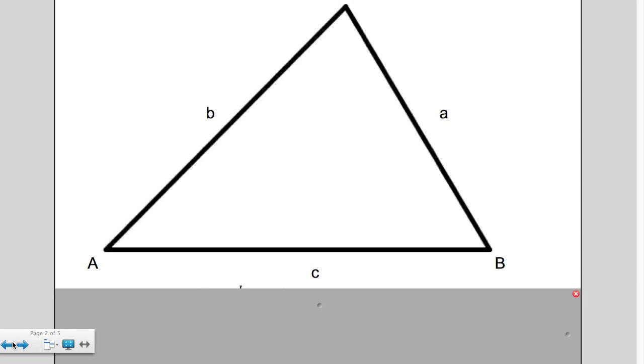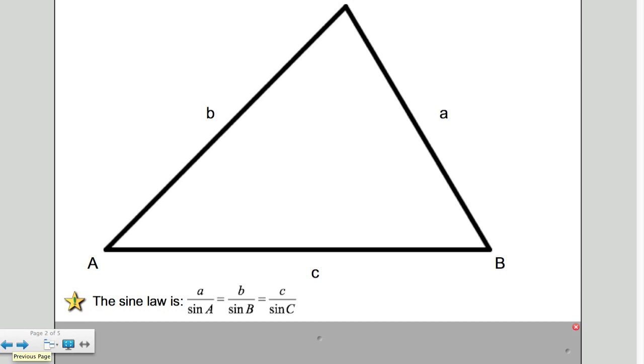You just pick one of the vertices, label it, go straight across and label the opposite side with the same letter. The order doesn't really matter. What you call A, B, or C doesn't matter as long as the opposite side matches the angle.